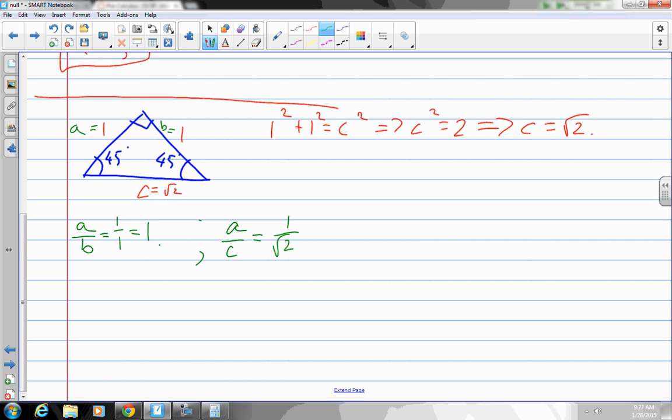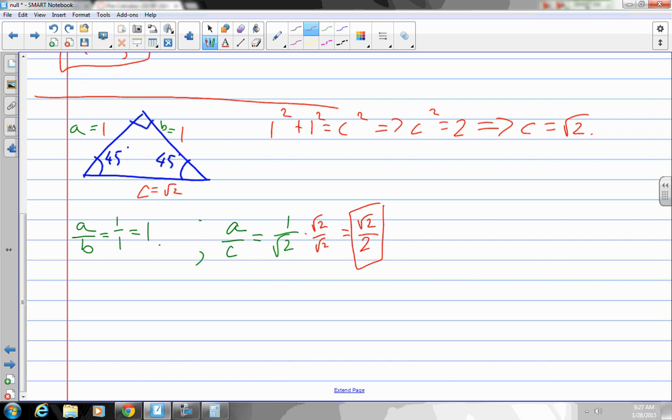Yeah, I need to rationalize the denominators. We don't like seeing square roots in the denominator, so this is how you rationalize. 1 times root 2 is root 2, and in the denominator it's 2. So it's square root of 2 over 2. Right? That's a more polite way of expressing that.